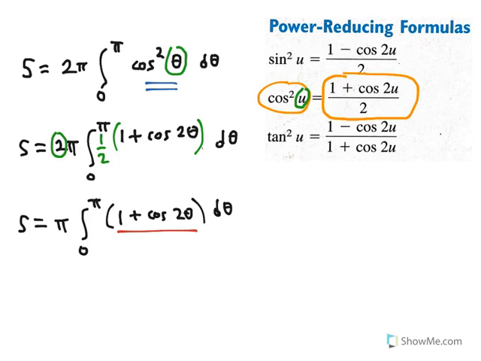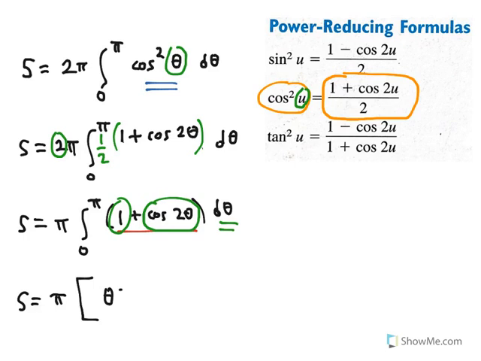And now the integrand is in a form that would allow me to find an antiderivative easily, allowing me to use the fundamental theorem of calculus. So an antiderivative of 1 with respect to theta would be theta, because when you differentiate theta with respect to theta, you get 1. An antiderivative of cosine is sine.